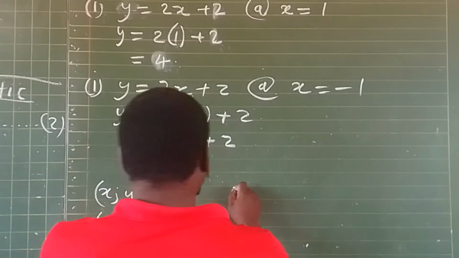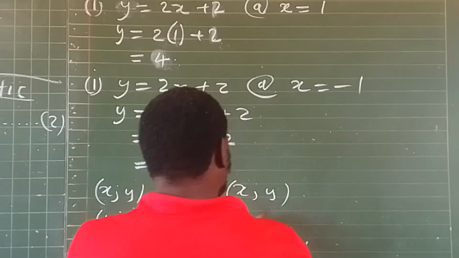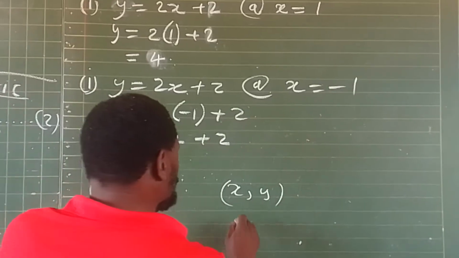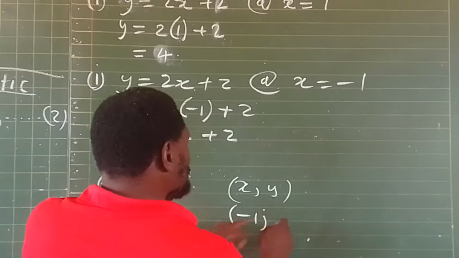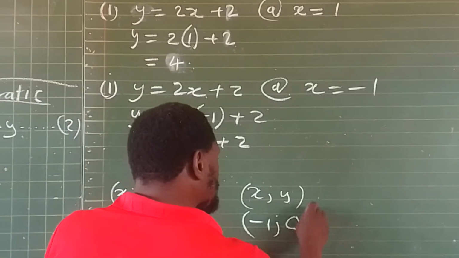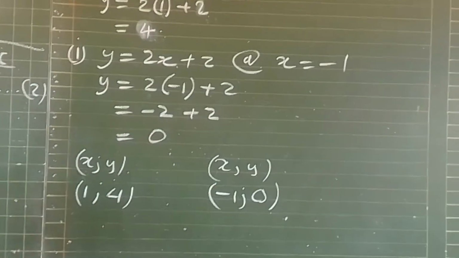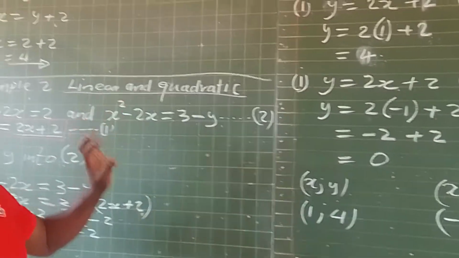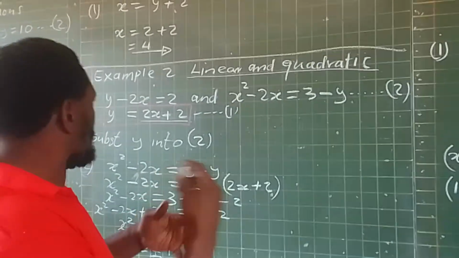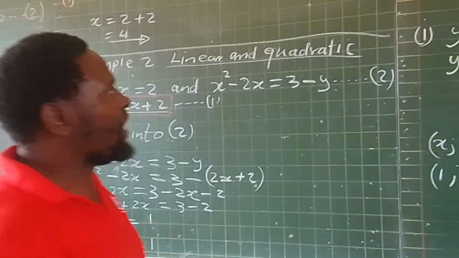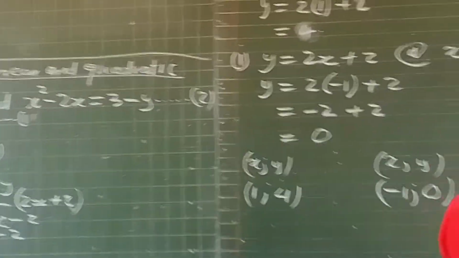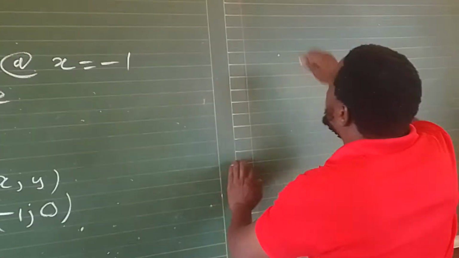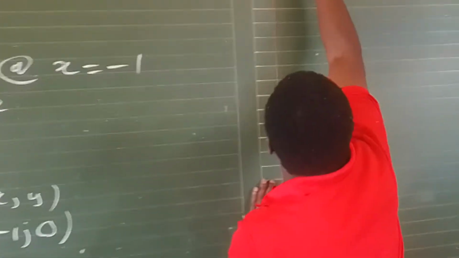The second one is where you have the value of x as minus 1 and the value of y will be 0. Now this is your final stage where you have a quadratic and a linear equation which are solved simultaneously together to get 2 variables. Right, we can go and do example 3.